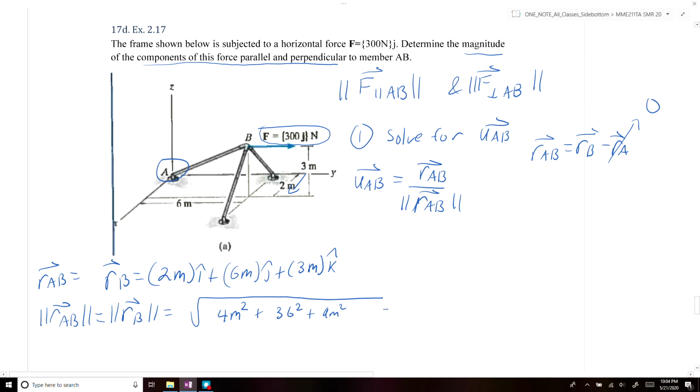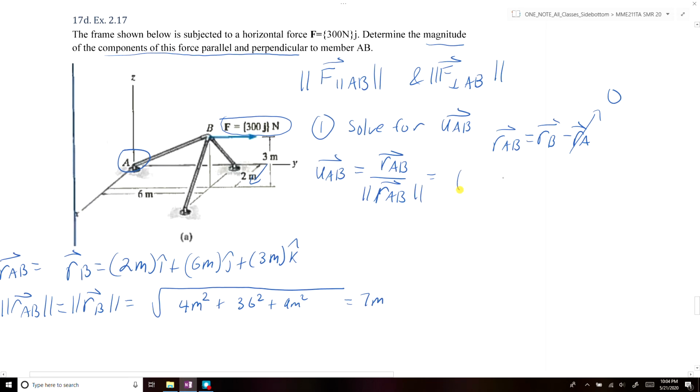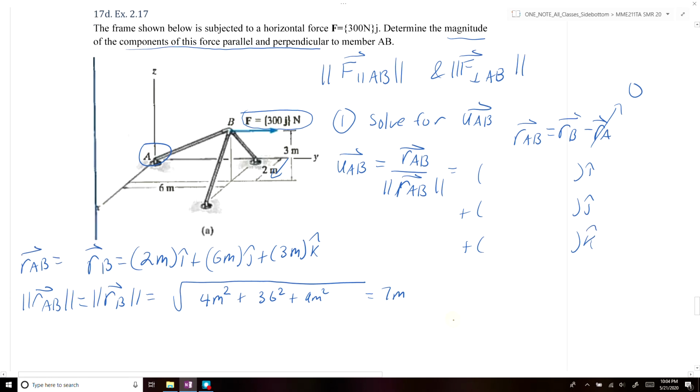The square root of 49 is equal to 7 meters. So we can say that UAB would have 3 components: the x component of RB divided by the magnitude of RB, the y component of RB divided by the magnitude of RB, and the z component of RB divided by the magnitude of RB, which gives us 2/7, 6/7, and 3/7.